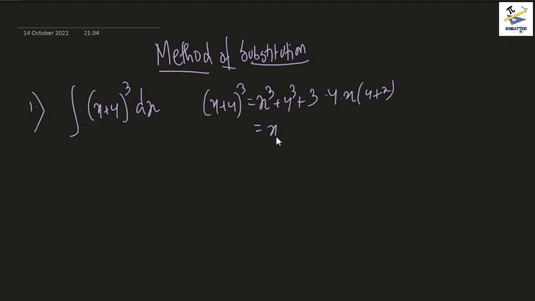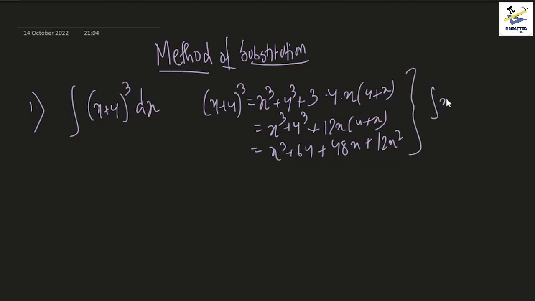So you get x cube plus 64 plus 48x plus 12x square, and then you can integrate all of the terms separately, because all of them are just constants times some power of x, and we very well know that the integration of x to the power n is simply x to the power n plus 1 by n plus 1, plus c.